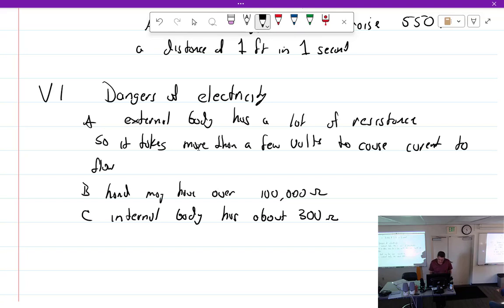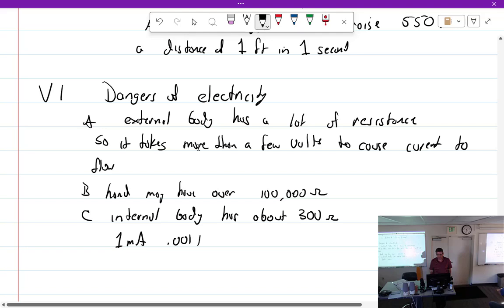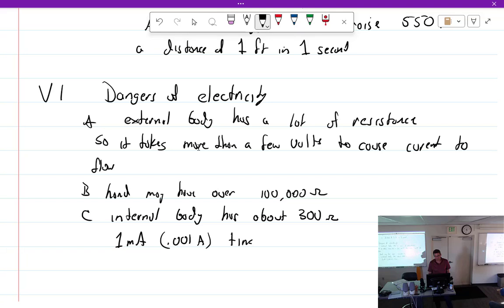Let's see. So given that, if you have 1 milliamp, which is 0.001 of an amp, because to unpack milli, we go 3 places to the right, you might have a little tingling. How many people lick 9-volt batteries? You get a little tingling.